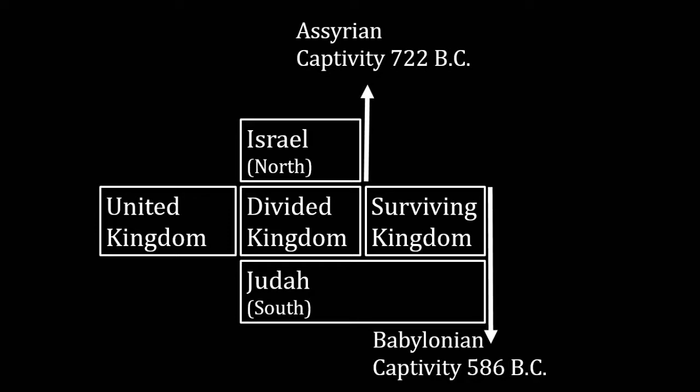The first wave comes in 605, then 595, then we have 586, which is the final, and that is when there's going to be the destroying of the temple and all of that. And so that is why we hang on that particular focus.